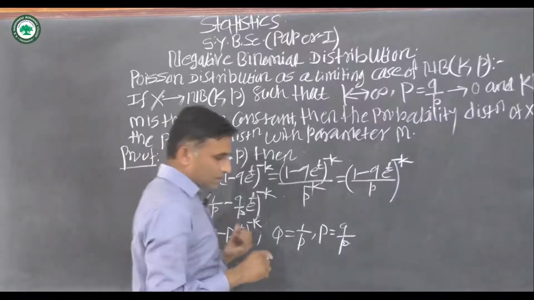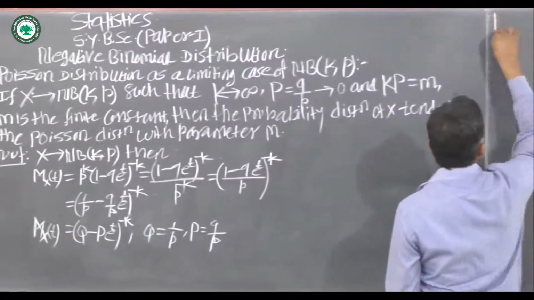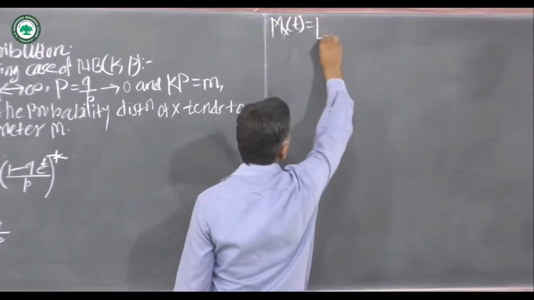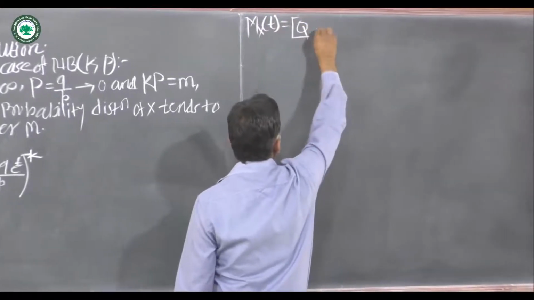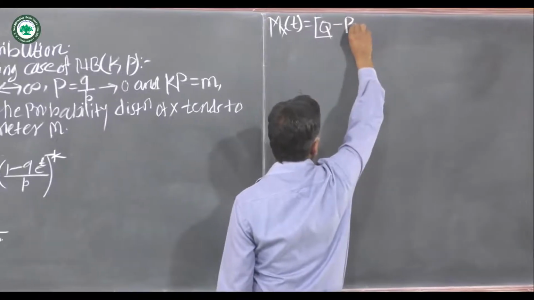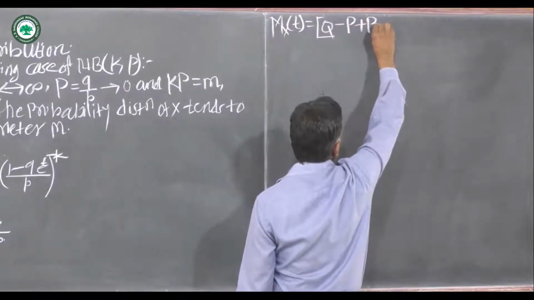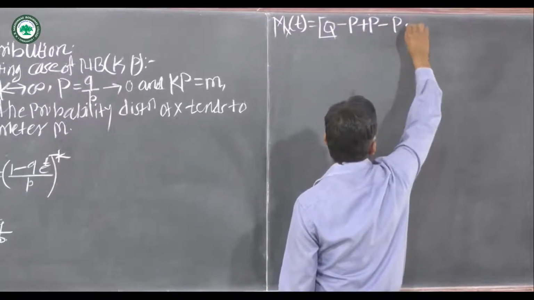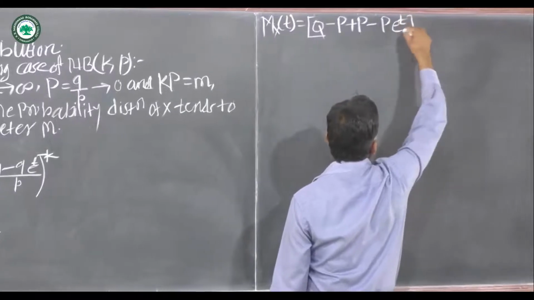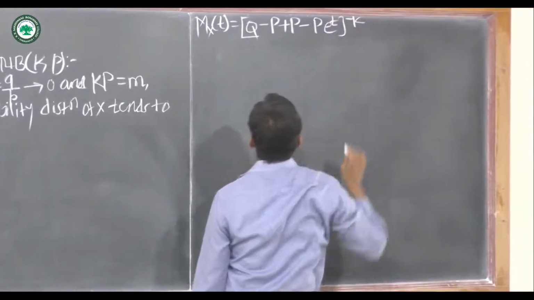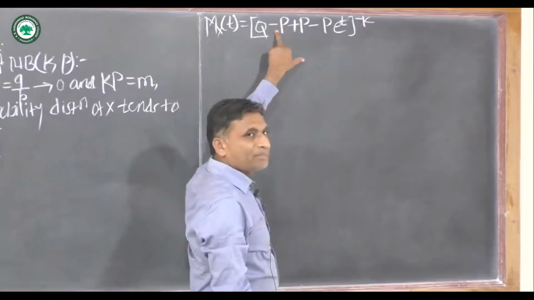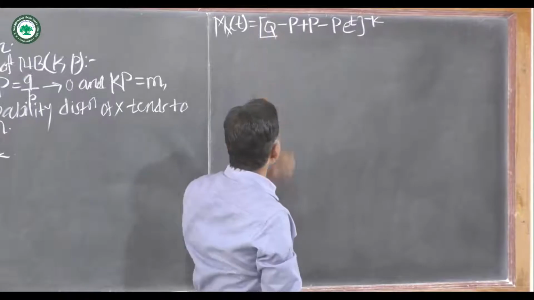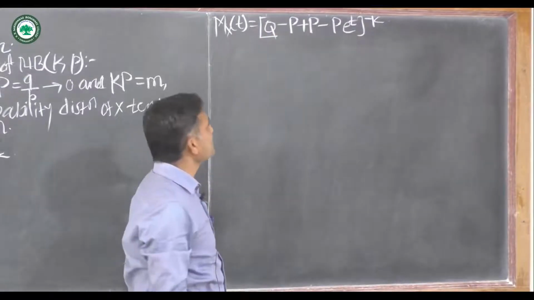Now this also can be written as M_X(t) is equal to (Q minus P plus P minus P into e raised to t) raised to minus k. Here we subtract P and we add P, so there is no change in the original MGF of the negative binomial distribution.